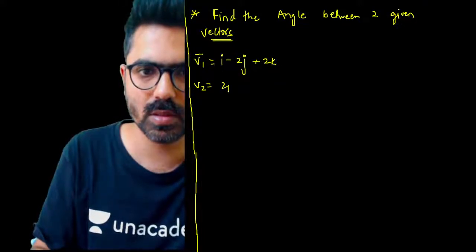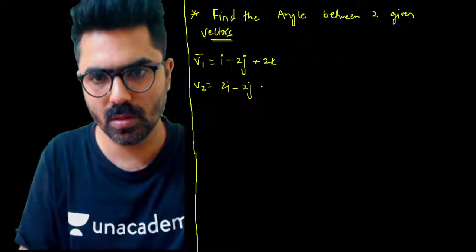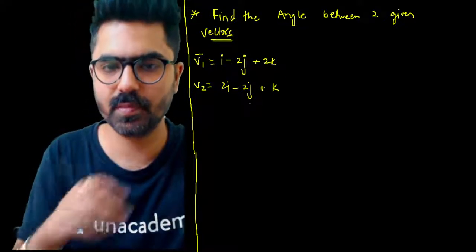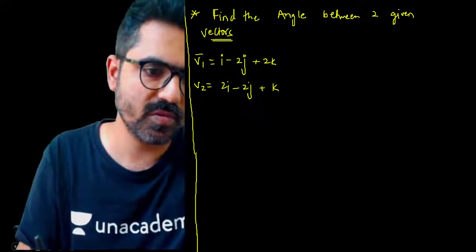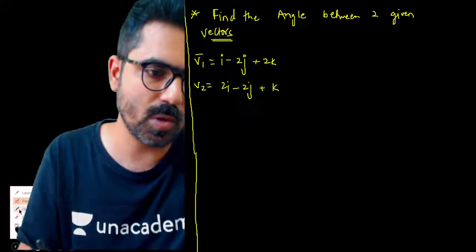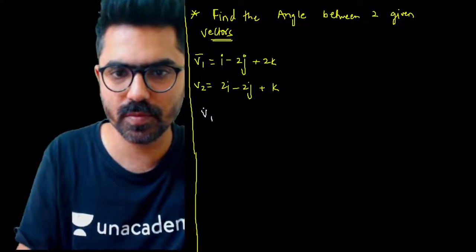Vector 2 is 2i minus 2j plus k. So first of all, let's find the dot product of the two vectors, v1 dot v2.